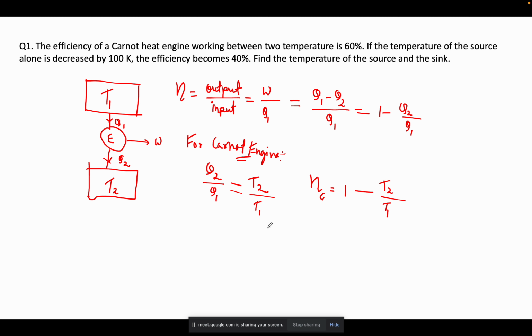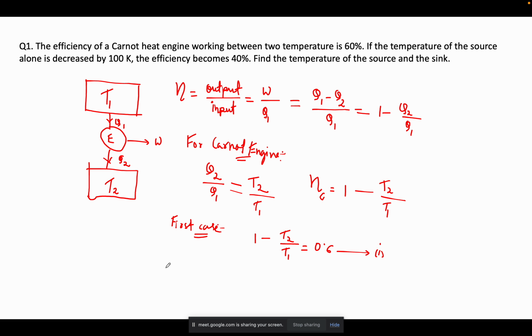So now your first case, what it is telling us is that 1 minus T2 by T1 is equal to 0.6. Okay, this is my equation number 1.